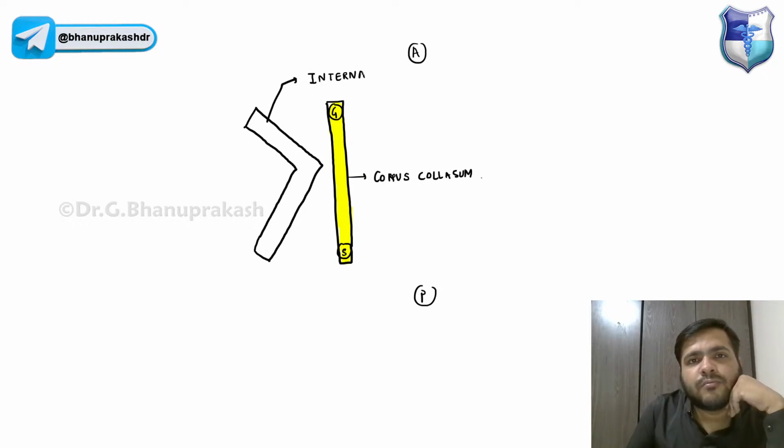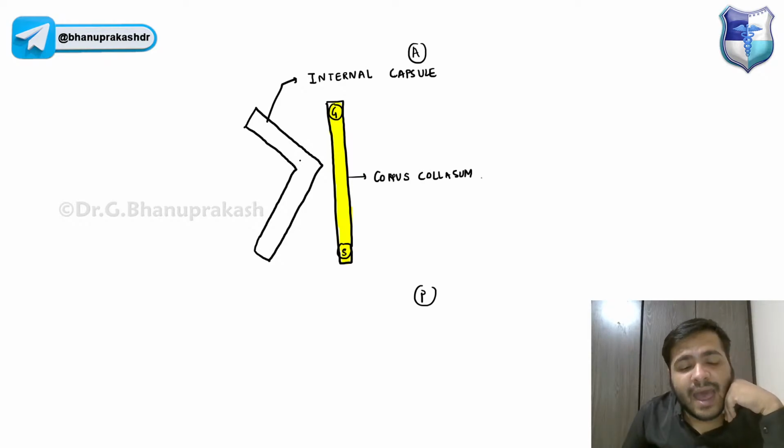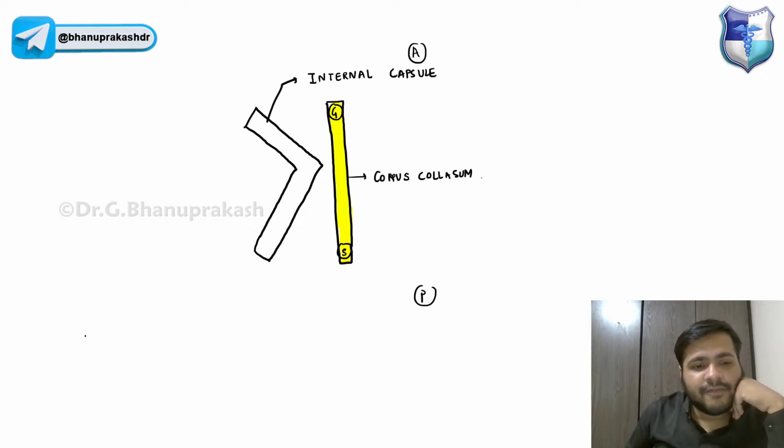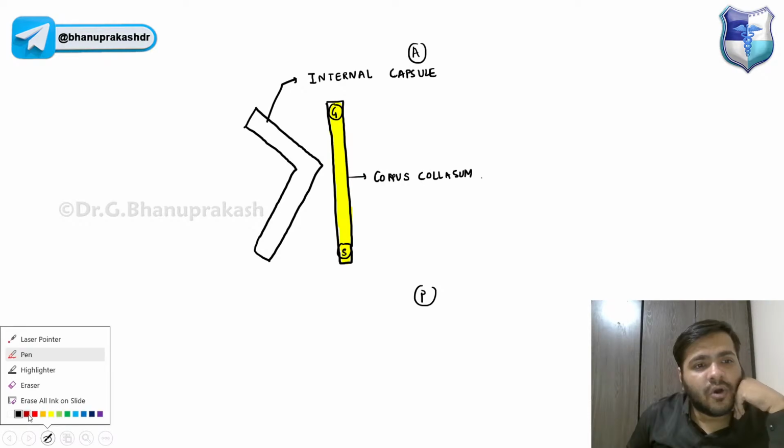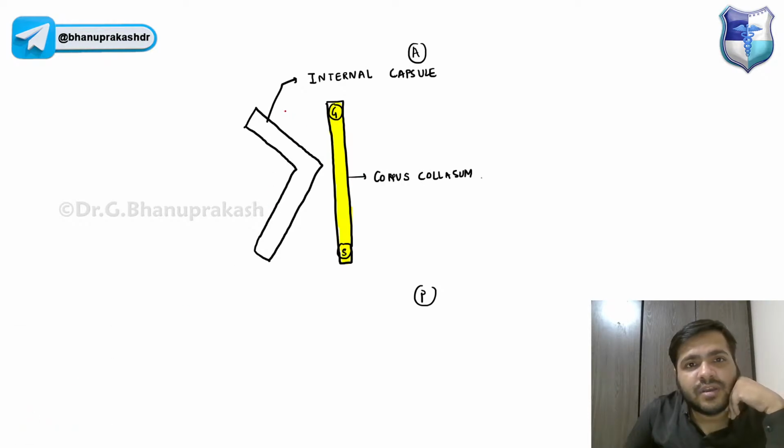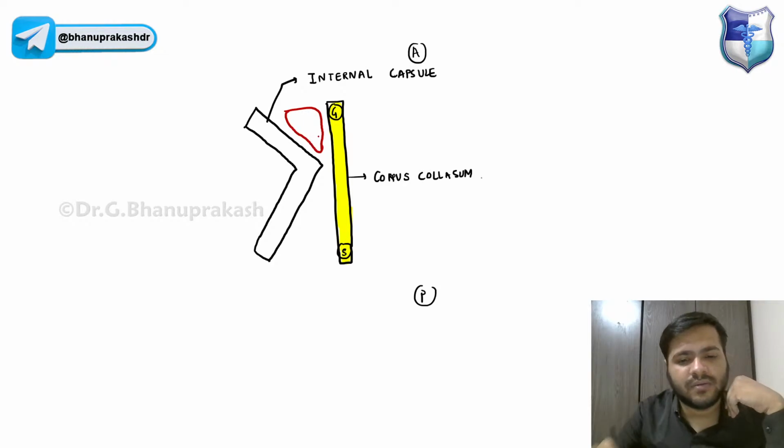Now guys, between the corpus callosum and the internal capsule, we have the caudate nucleus which is present over here. And remember specifically, it is the head of the caudate nucleus which is present over here, right?